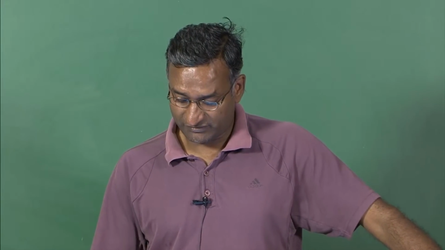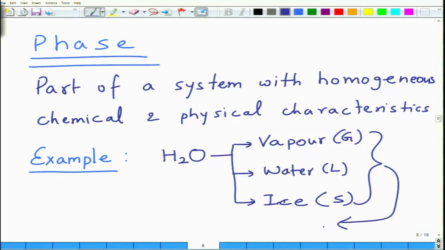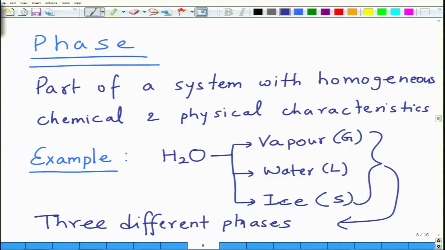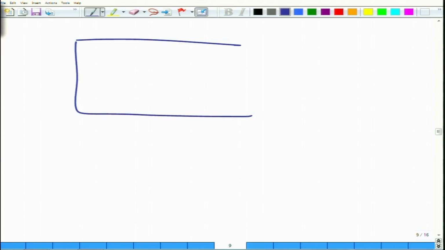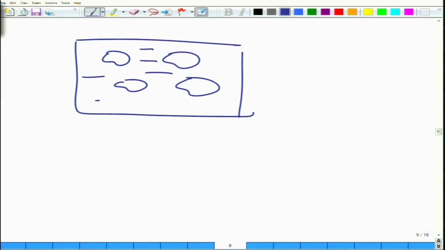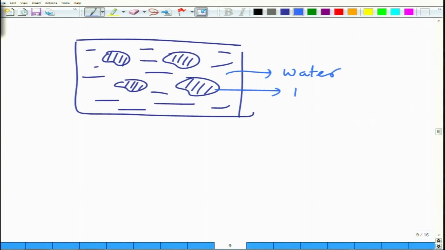So, that is why these are three different phases of water, or three different phases of H2O. Similarly, let us say you have a mixture in which you have ice, so these are solid ice particles, and this is water and this is ice.